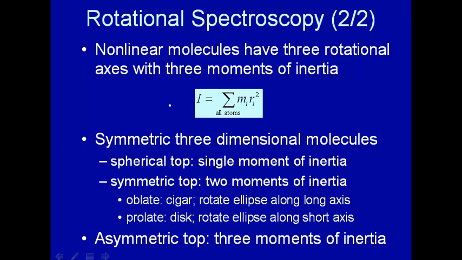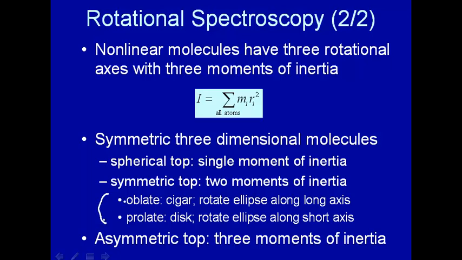All right, so in general, if you have a three-dimensional molecule and it's not linear, you would have three moments of inertia pointing along three different directions. However, if the molecule has a single moment of inertia, then it's called a spherical top. If it has two moments of inertia, it's called a symmetric top. And if it has three moments of inertia, it's called an asymmetric top.